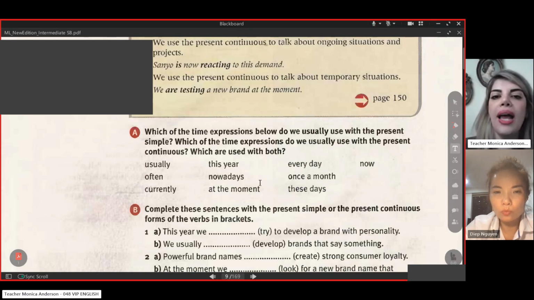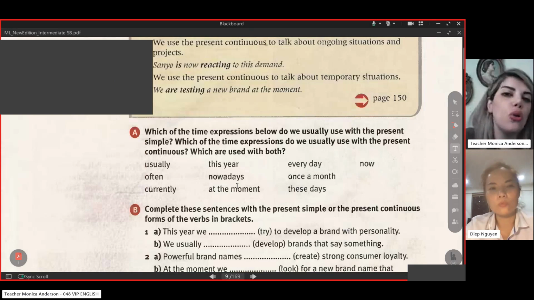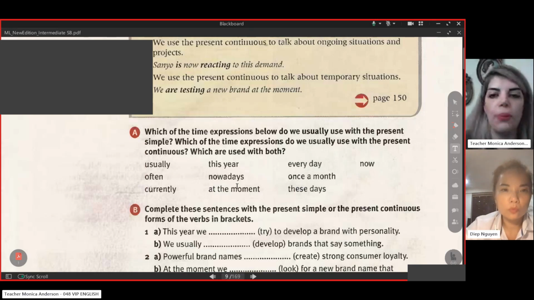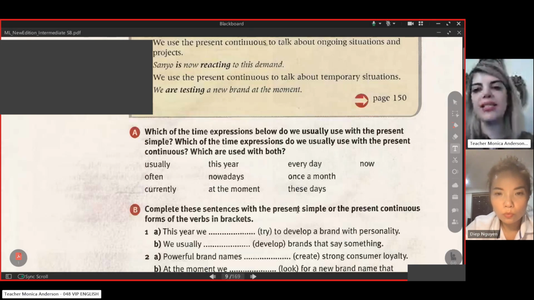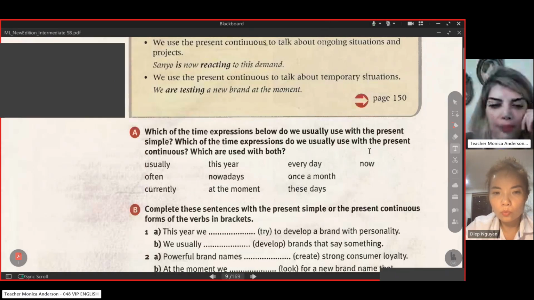And some time expressions can be used for both of them. As I told you, if I'm talking about something that I definitely do in the near future, I can use present continuous. So this year can be an expression that I can use. Now I want you to take a look at these time expressions and tell me which one can be used for present simple, which one for present continuous, and which one for both.